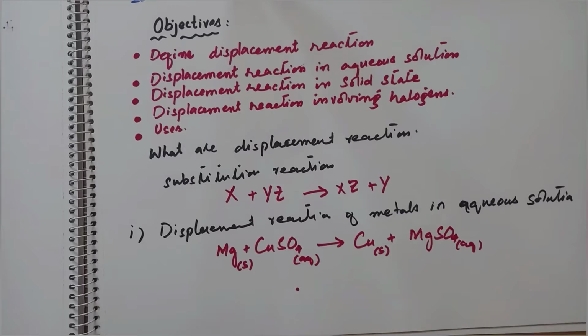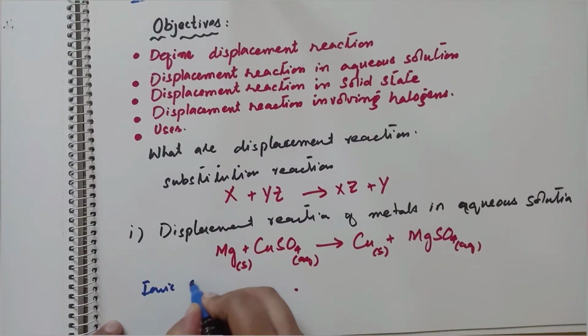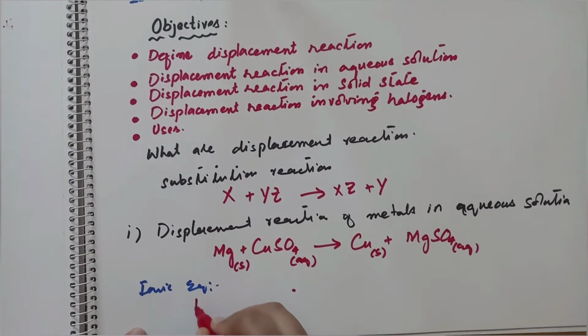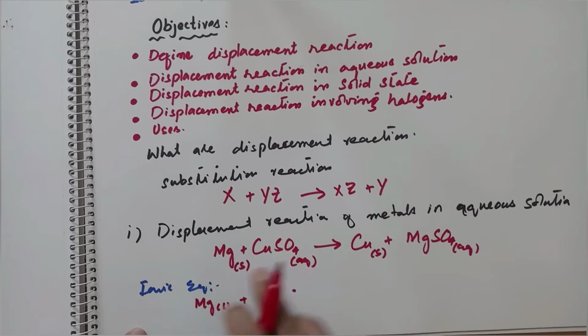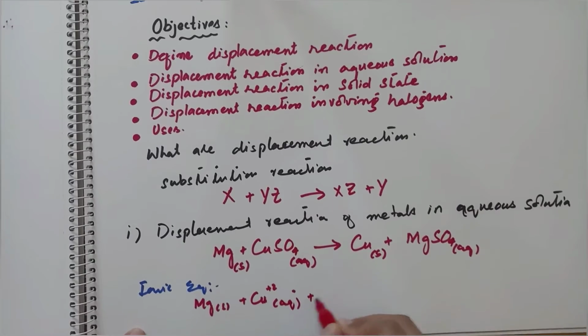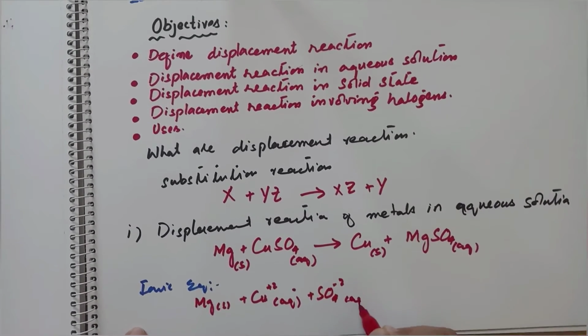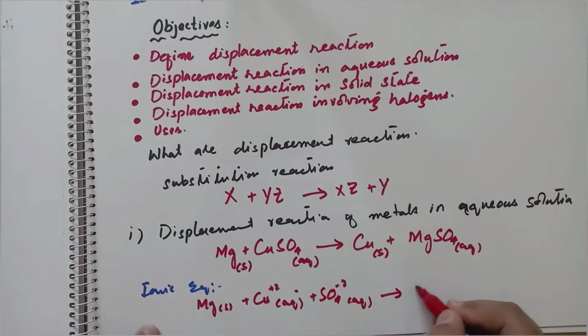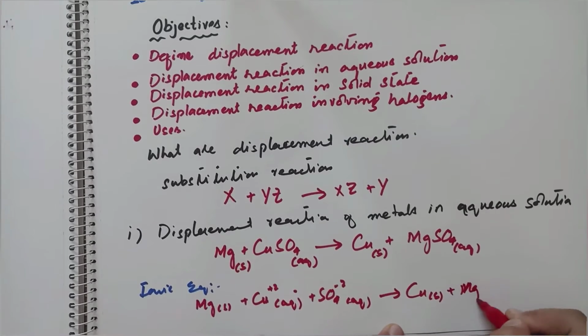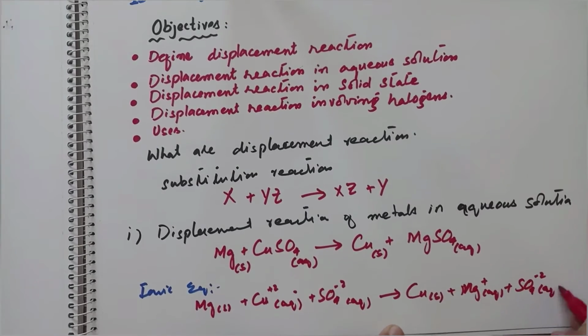For the ionic equation, the compounds in solution will dissociate into their ions. Magnesium is a metal, so it remains in solid state, and copper sulfate in solution dissociates into its ions, that is copper ion in aqueous solution and sulfate ion in aqueous solution, and gives us copper metal in solid state, and magnesium ion in aqueous solution and sulfate ion in aqueous solution.